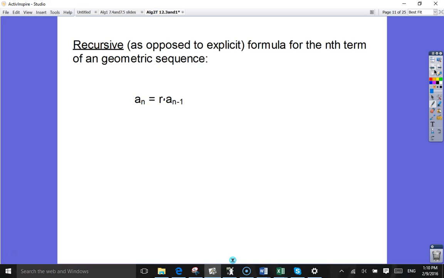If you have a1, a2, dot dot dot, a n minus 1, a n, a n plus 1, these are just subscripts that are telling you the relative position of these terms in a sequence. So if you know the term before it, multiply times the common ratio, you get the next term, which is kind of the way you look at it anyways.